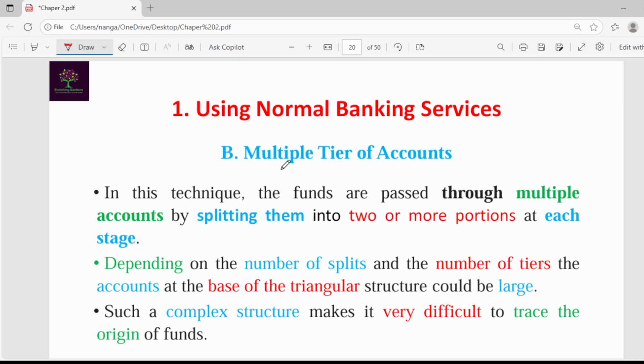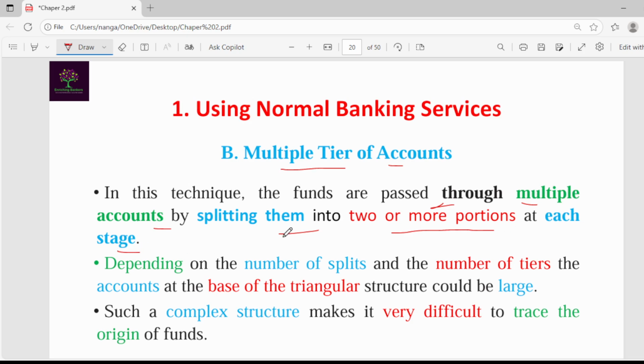Next method is multiple tier of accounts. In this technique, funds are passed through multiple accounts by splitting them into 2 or more portions at each stage.